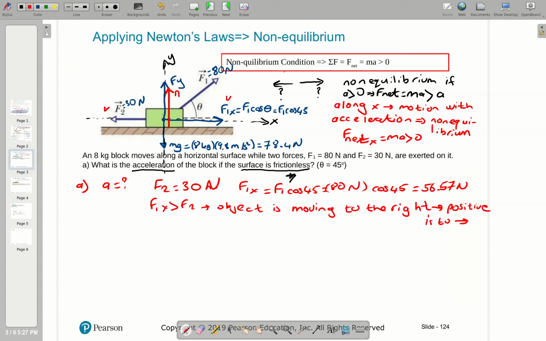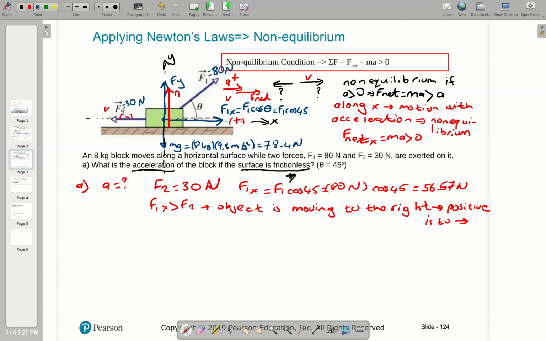Now I'm going to show that here. This is the motion direction, so I'm going to take that. I'm going to say A is in this direction. I'm going to take it as positive because I always want A to be positive. Fnet will be in the same direction as well, and that also will always be positive. After that, I define my forces as positive and negative. F1x is then positive, F2 is negative. All right?